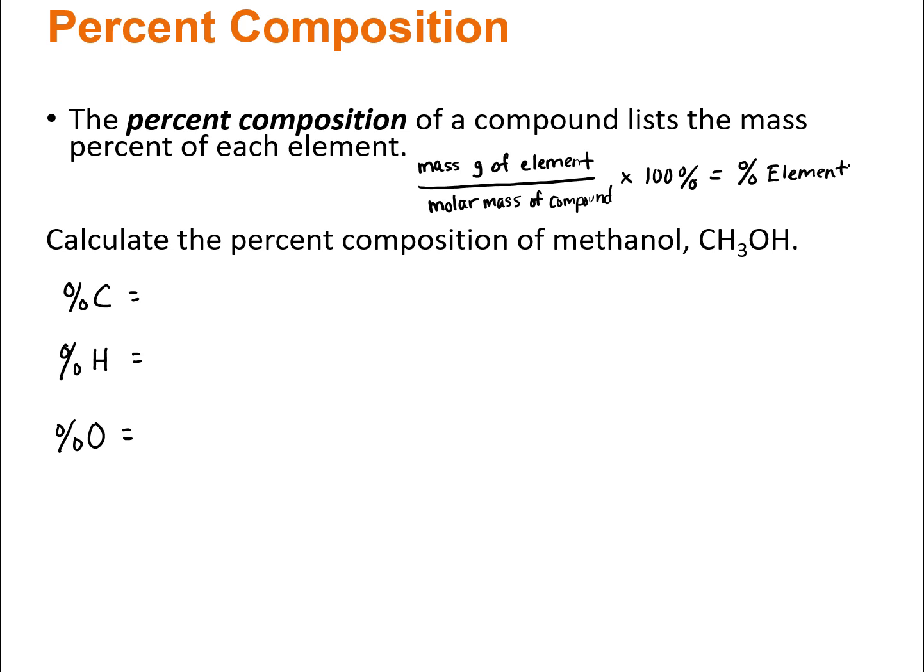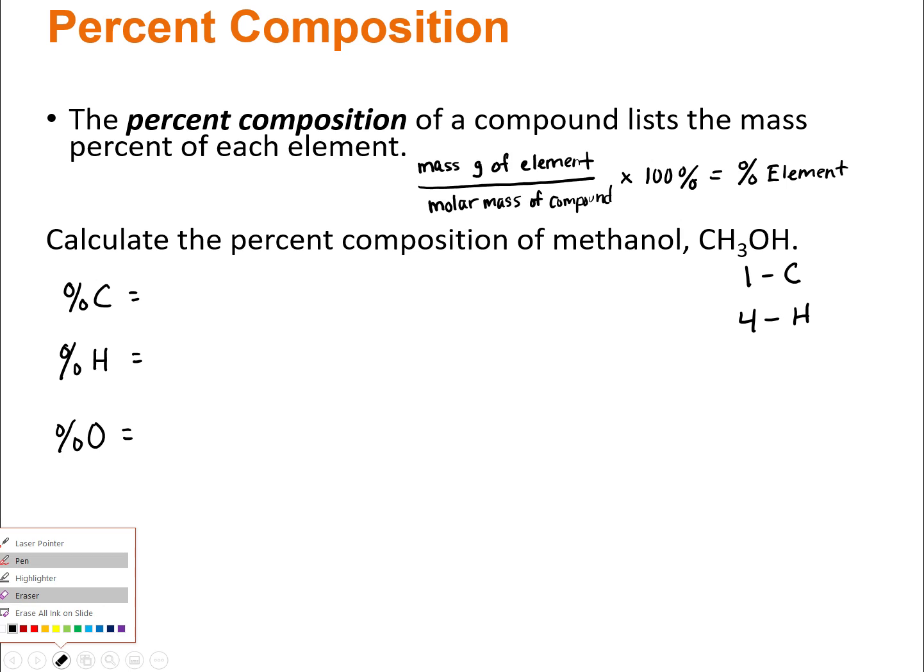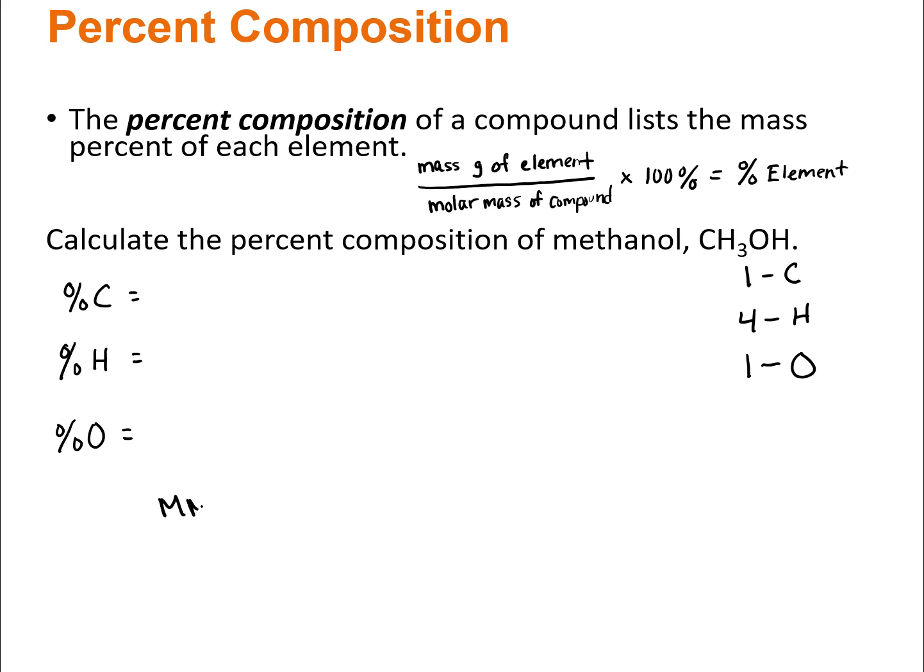So for methanol, we've only got one carbon, we've got 4 hydrogens, and 1 oxygen. And of course, I wrote that one in the reverse of everything else. Let's figure out our molar mass. As a quick review from last week, I want you to calculate the molar mass of methanol and put that in the chat. Remember to let me know if you're stuck.